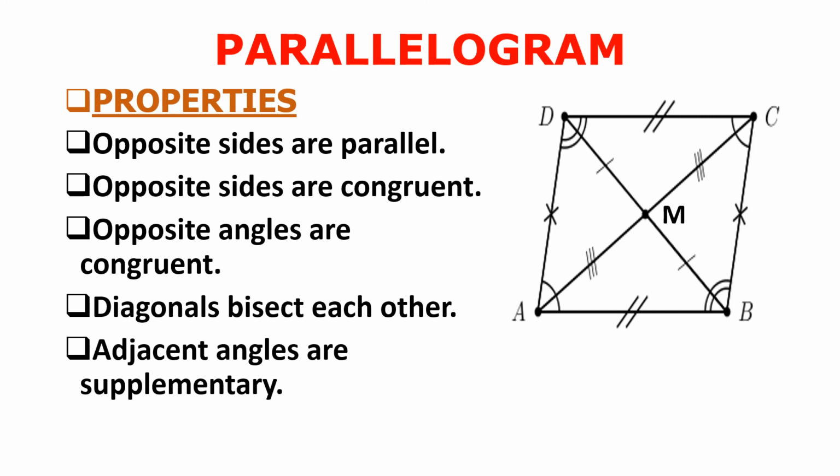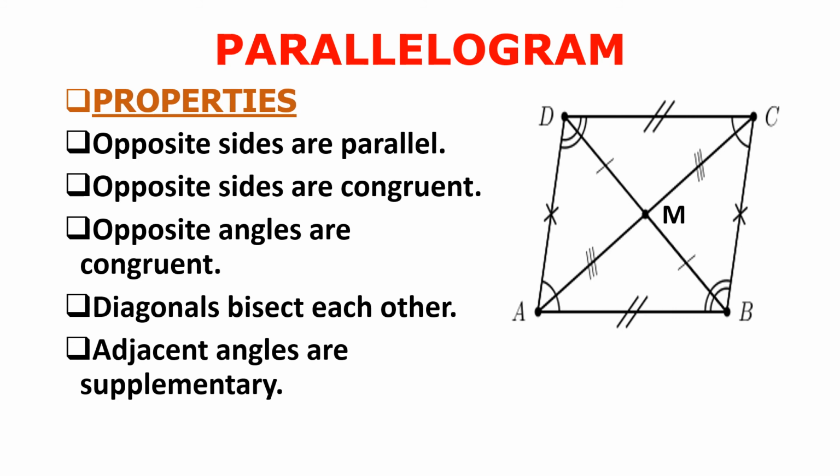Adjacent angles means the angles next to each other, neighboring angles. Adjacent, adjoining, consecutive or neighboring, they all mean the same thing.